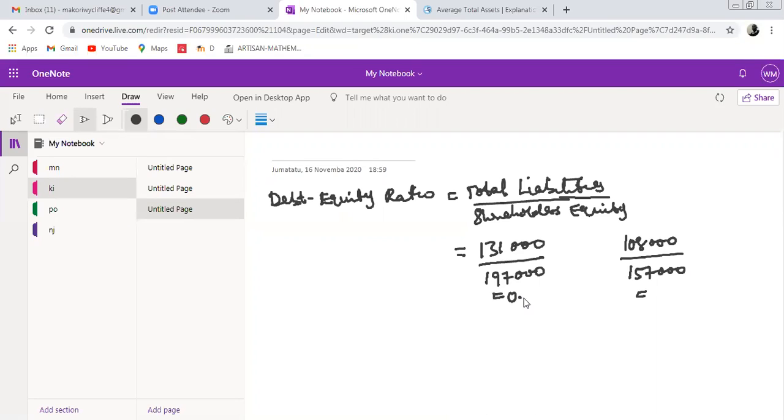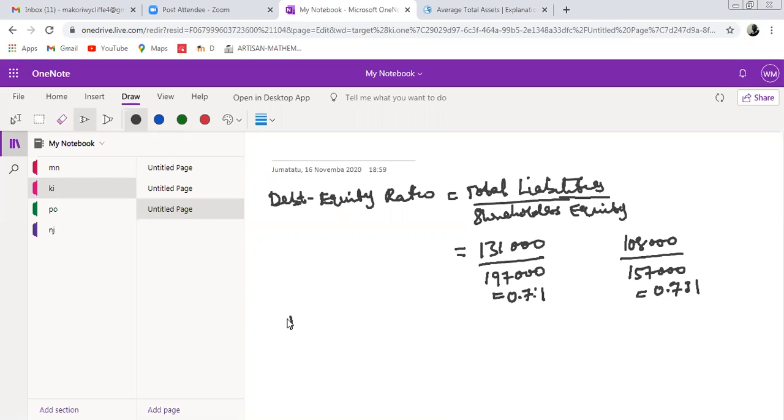So what do you get here? 0.7. It is a ratio is to 1. And what about this one? 0.7 as well, so 0.68. Okay, 0.7 is to 1. So those are the ratios.